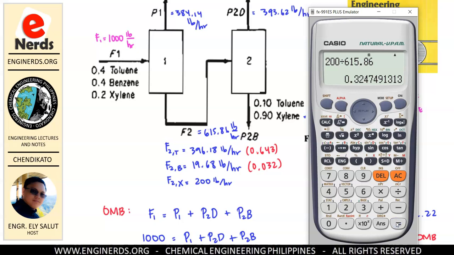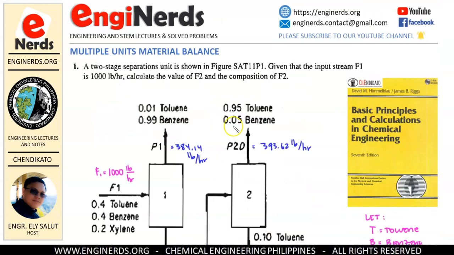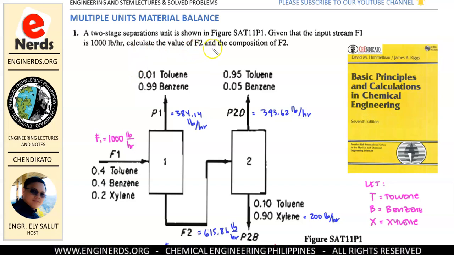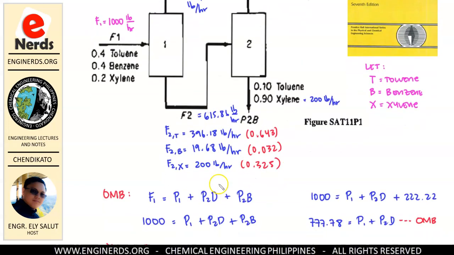We have 0.325. Okay, so we already got the value of F2. Ito yung ating requirement. Calculate the value of F2 and the composition. So we have the composition of F2 in here. So this solves our problem from Himmelblau.